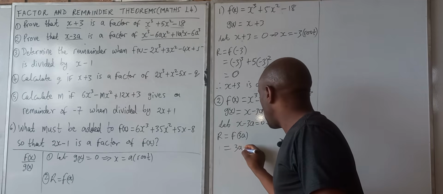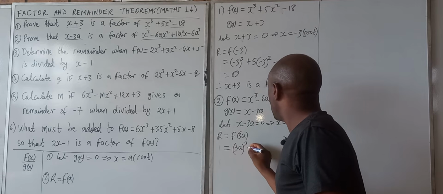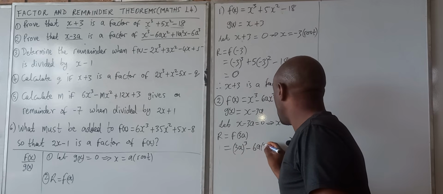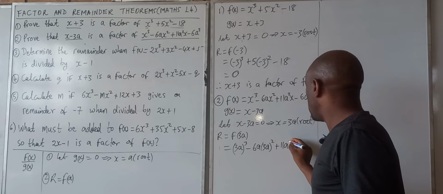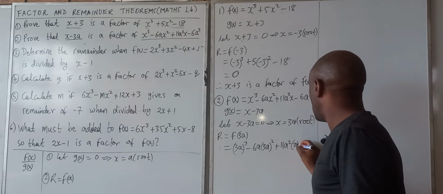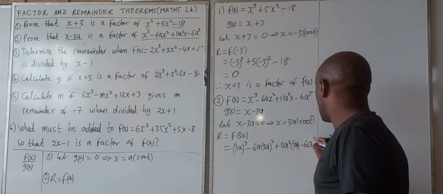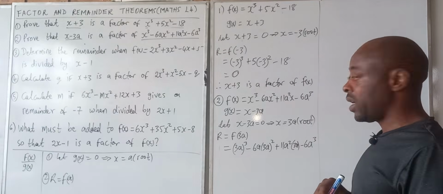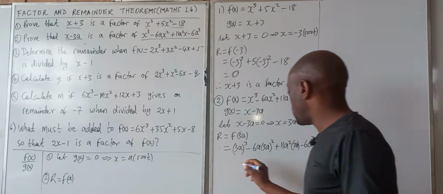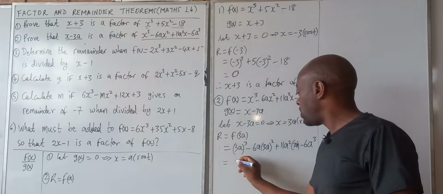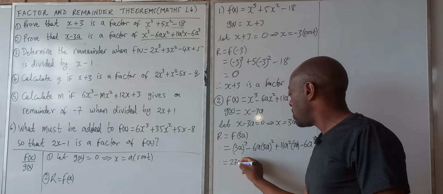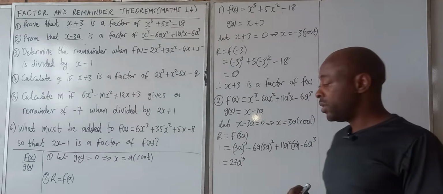So I'm getting my 3a cubed minus 6a into 3a squared plus 11a squared into 3a, then minus 6a cubed. So that is what I get. Then from here I simplify. If I simplify, 3 cubed is 27, so I'll get 27a cubed.